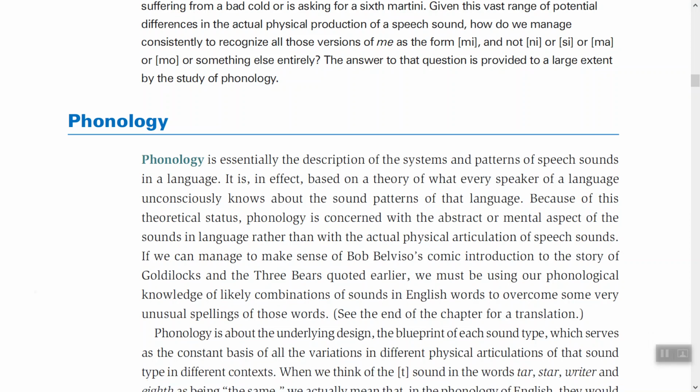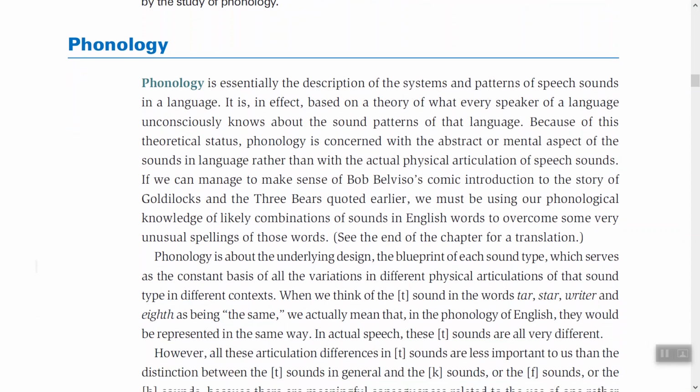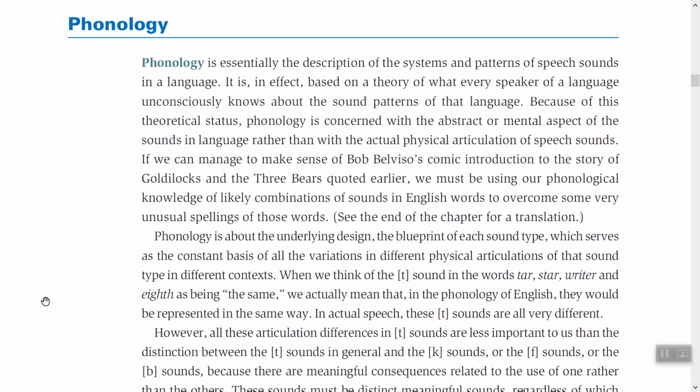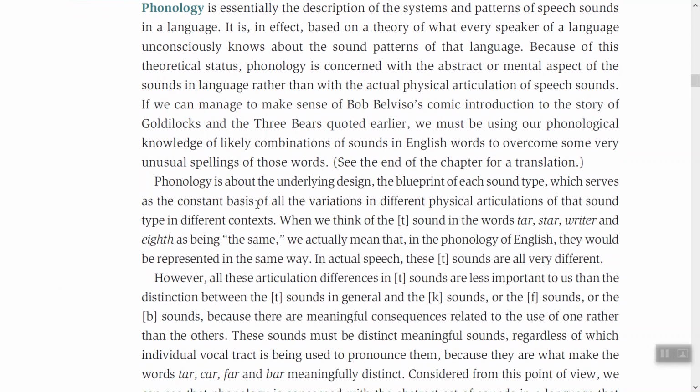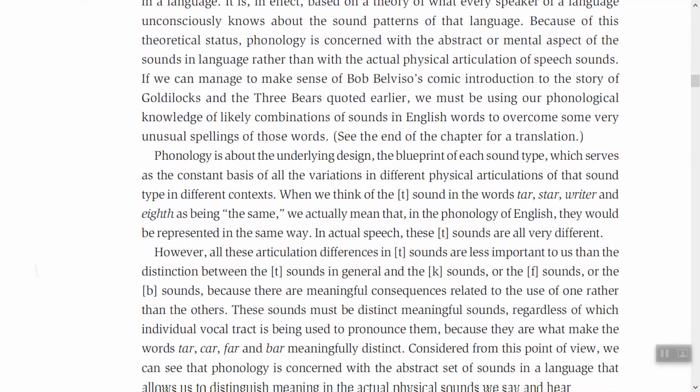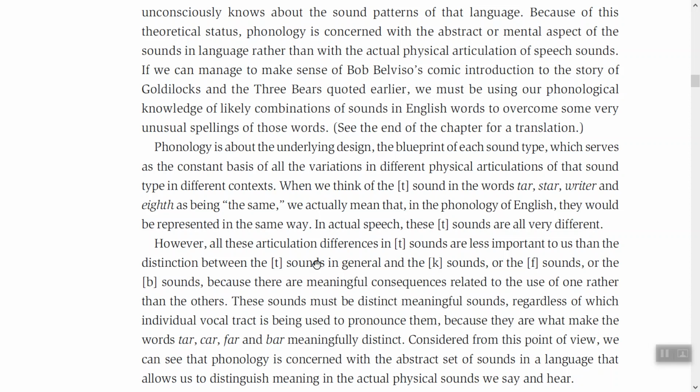Okay? We have here some details. You can read them. They are not important. We come to this point when we come to this paragraph. However, all these articulation differences in t sounds are less important to us than the distinction between t sounds in general and the k sounds.